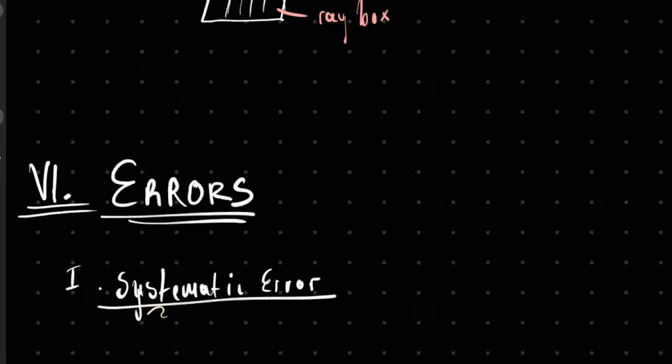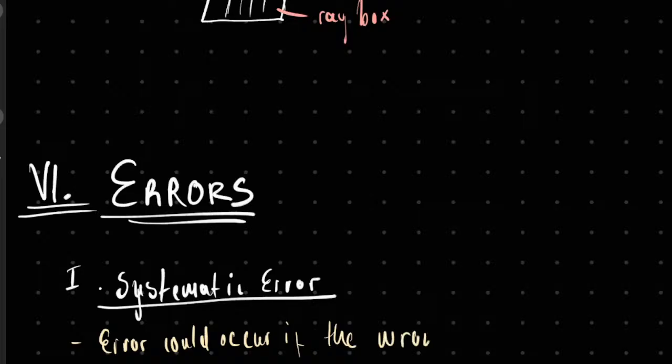Error could occur if the wrong normal is drawn, okay, the 90-degree line.